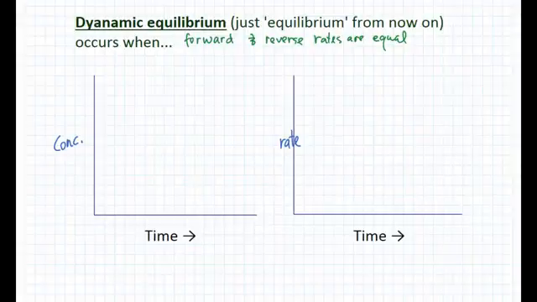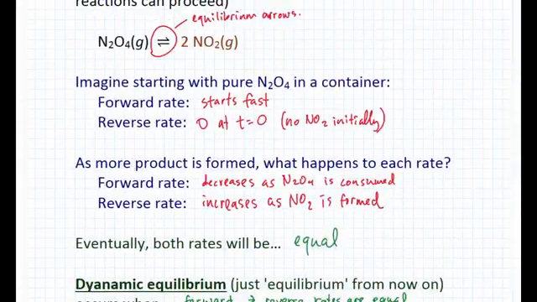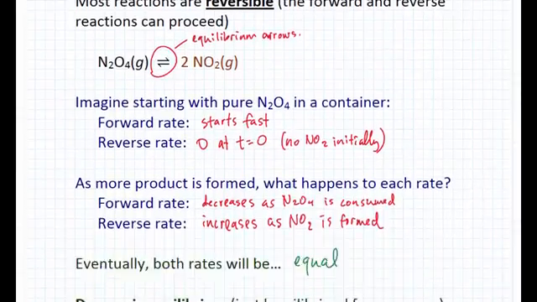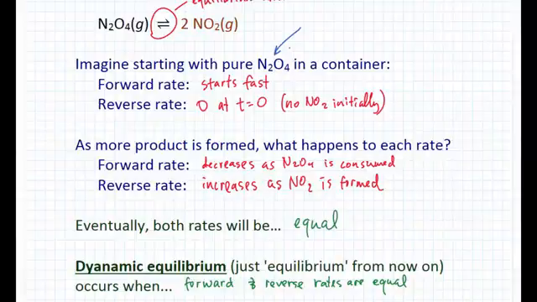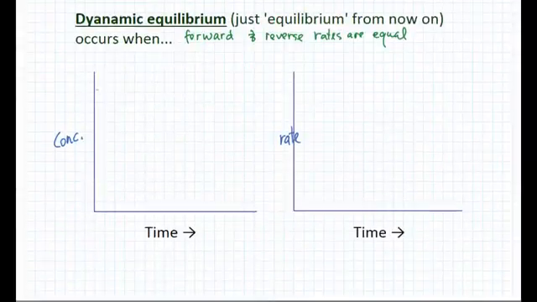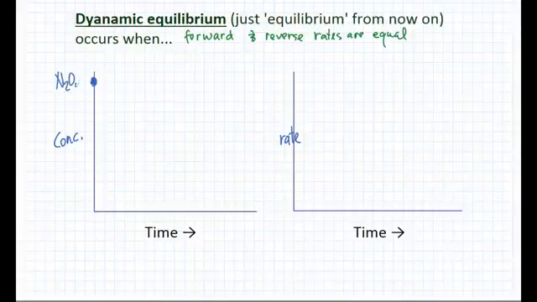Imagine we start with pure N2O4 in a container. So if we're starting out, we're going to have some starting concentration of N2O4, and then the NO2 would be what? Initially 0.